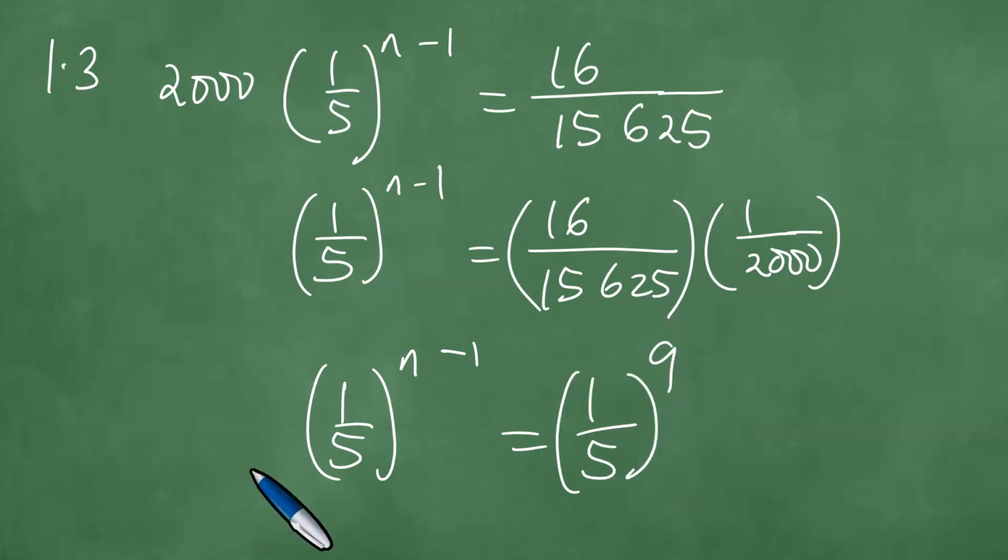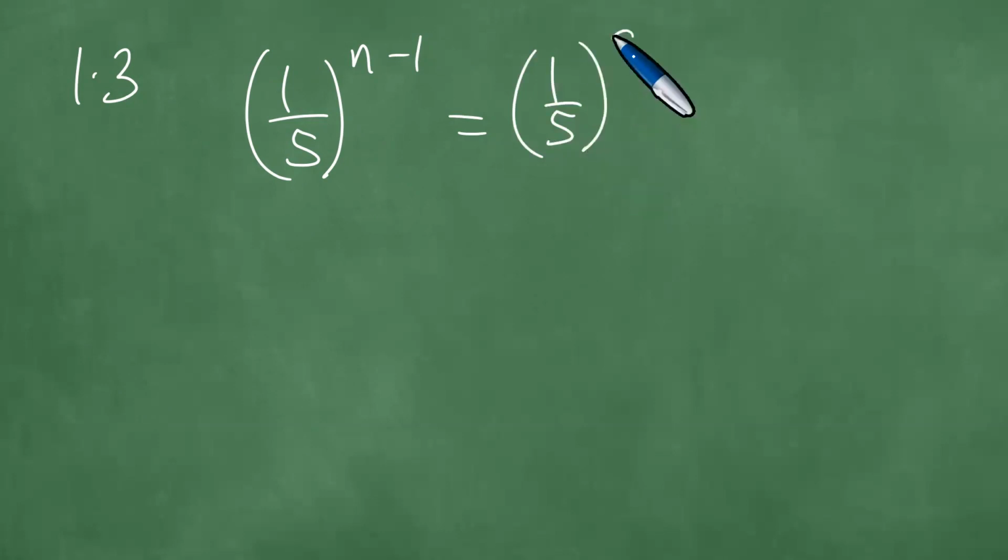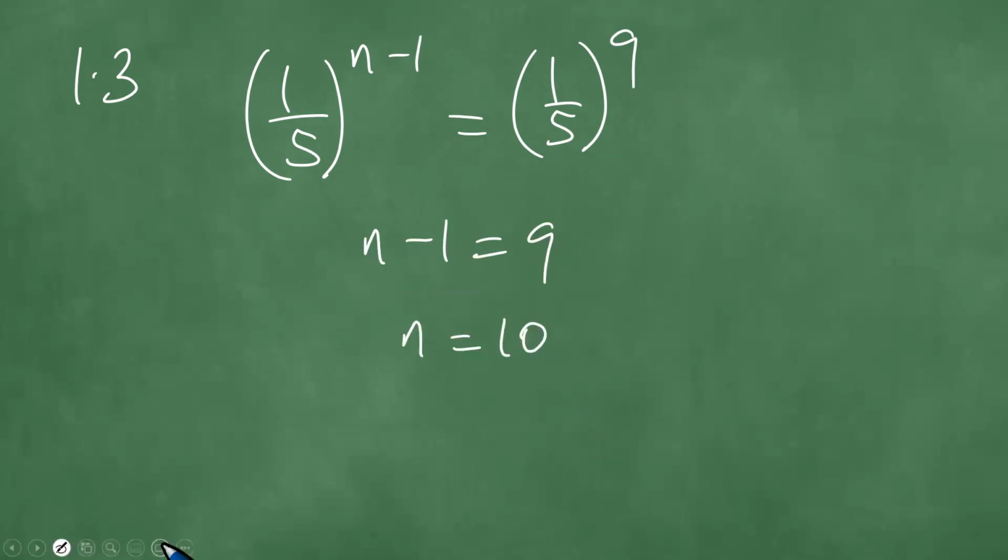Using a calculator, you can just be able to see that. So 1 out of 5 to the power n minus 1 is 1 out of 5 to the 9th power, which means n minus 1 is 9 and n equals 10. So that's the answer.